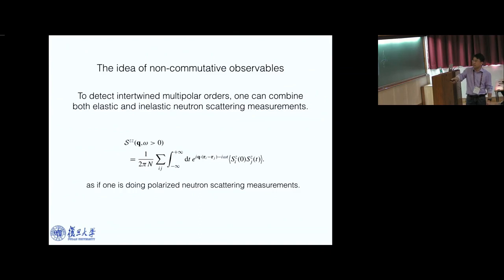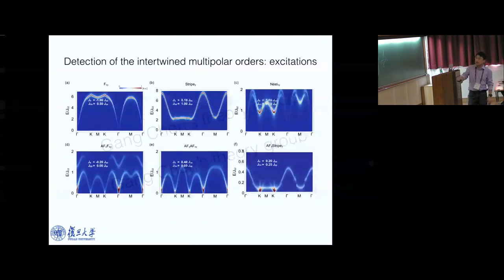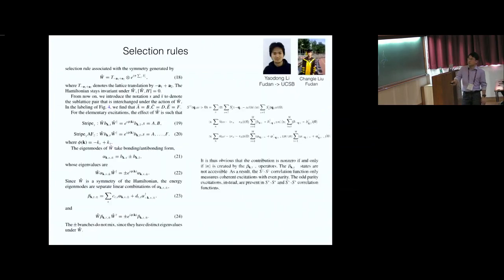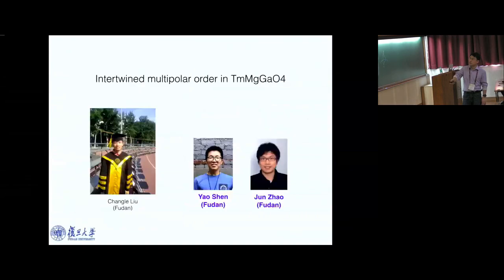These are the inelastic ones, so you reveal the underlying dynamic property of this hidden multipolar order in the XY plane. This is the underlying structure of this coherent excitation, directly tied to the underlying structure of this hidden order. My student actually worked out some selection rules on the spectrum.